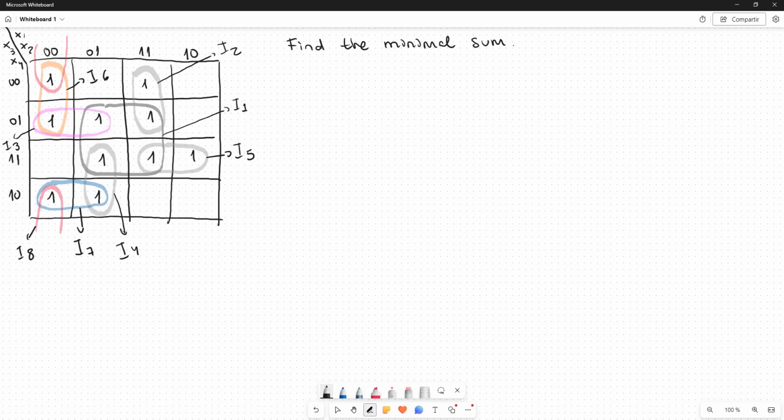So we have 8 prime implicants. This is a kind of difficult map. So the first step is to find the prime implicants.